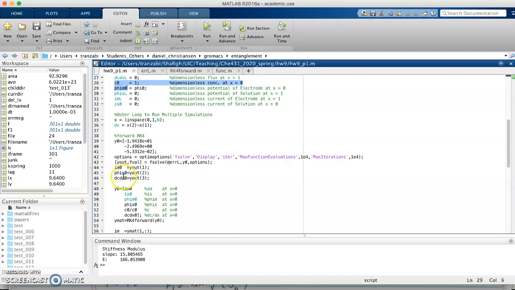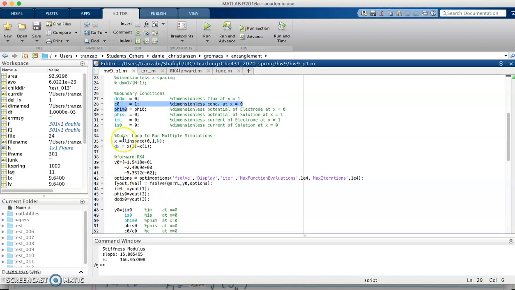So these are what I'm guessing. These are not given to me. If you compare this list with these 3, you see that these 3 that I'm guessing are not actually among this list. So I'm guessing these that are not given at x equals 0 by making those 3 that are given to me at x equals L match, which means I'm going to find the error.